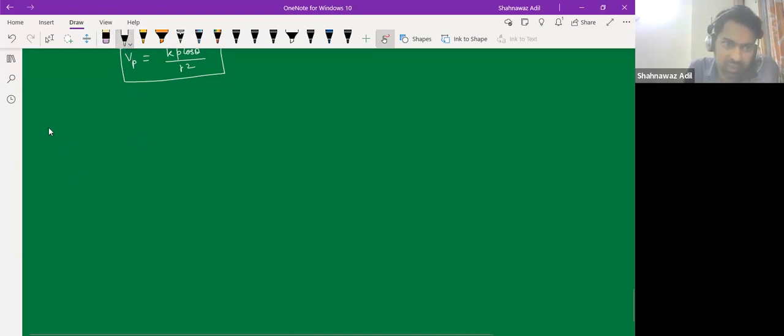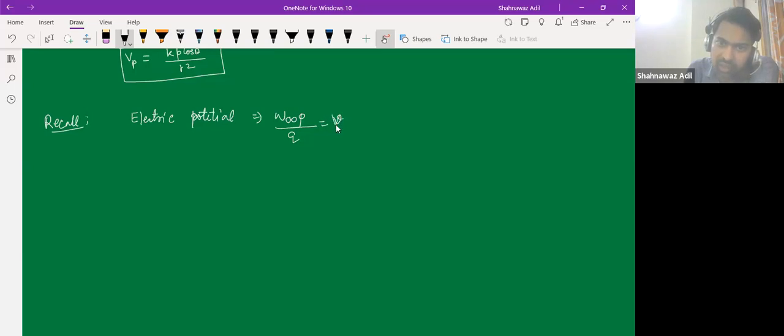Let me just recall what we did in this. We calculated electric potential, which was related to the work done in bringing a charge from infinity to a fixed point. This was the electric potential, right? And then we calculated the electric potential of a single point charge, which was kq by r. Then we calculated multiple charges.